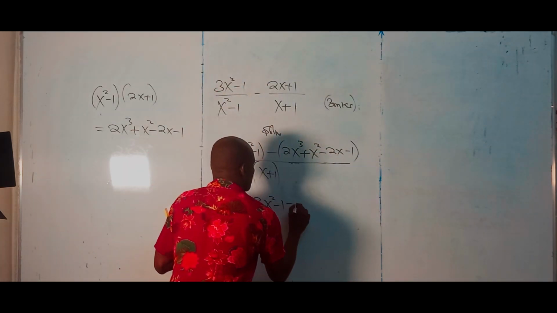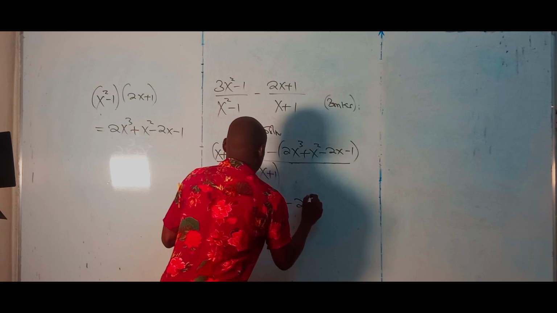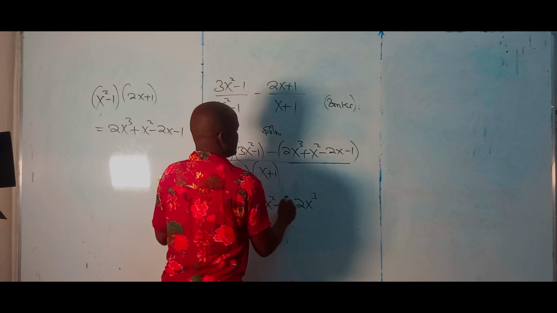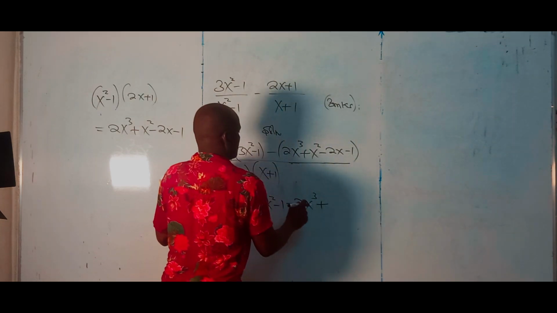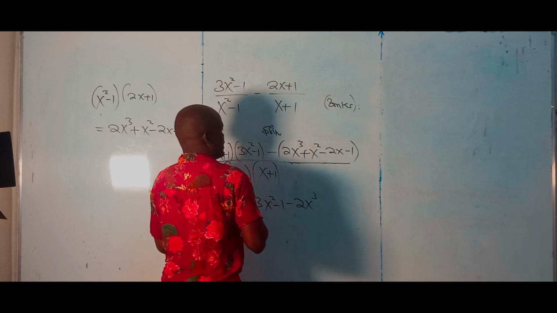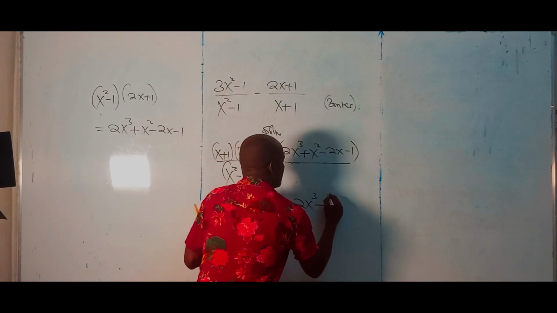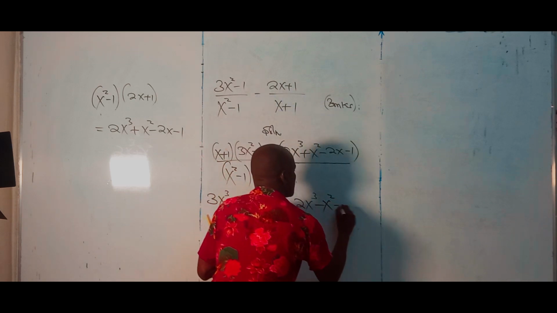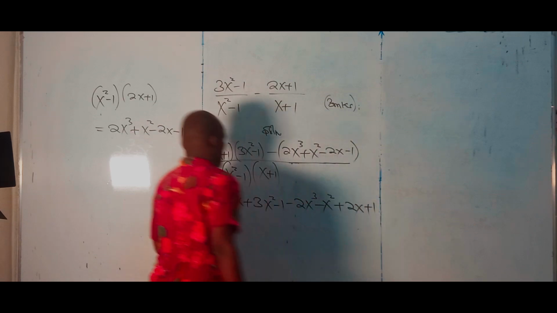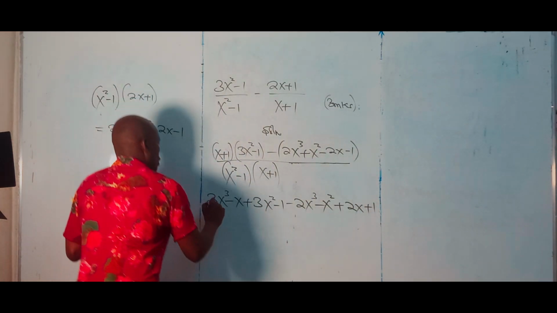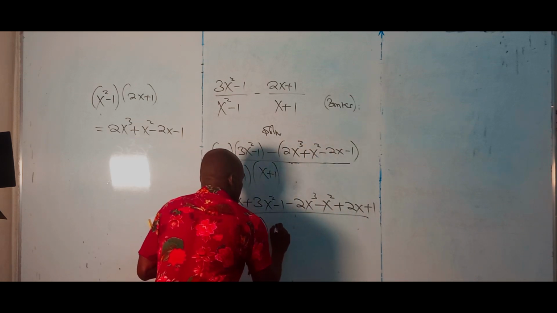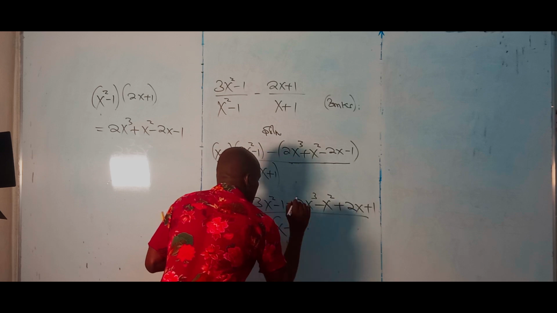This gives me minus 2x cubed, not plus, it's minus times a plus is minus, so I have a minus x squared plus 2x plus 1, all over x squared minus 1 times x plus 1 times x plus 1.